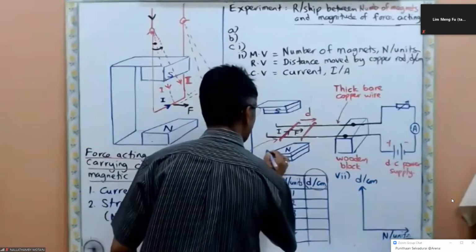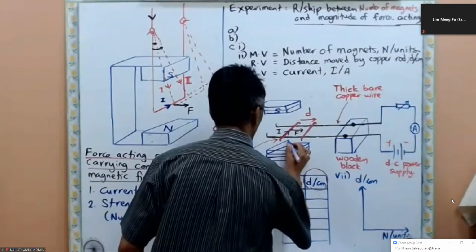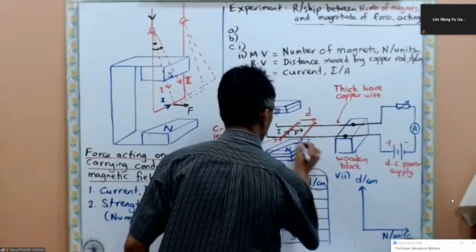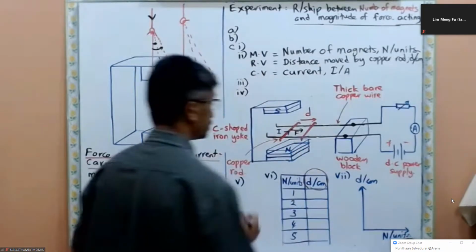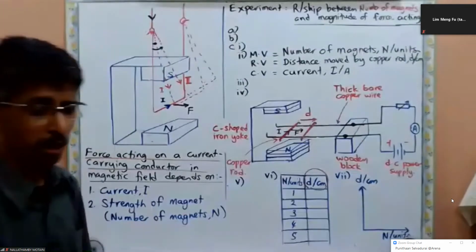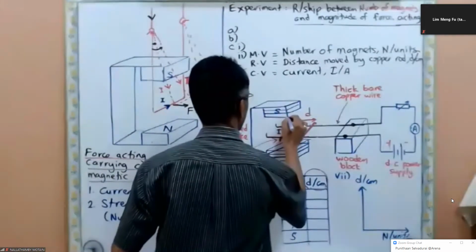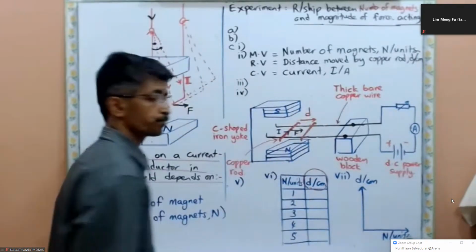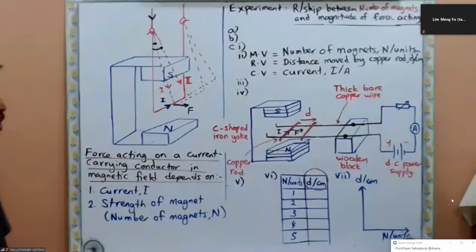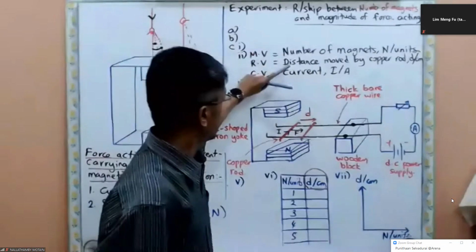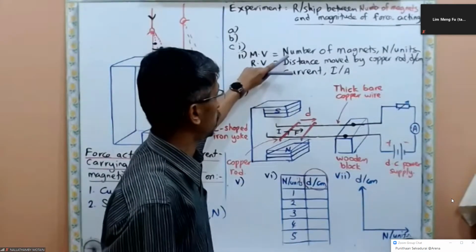So you don't need to draw more magnets like this, one is not enough. And you must understand the idea. So when you add more and more magnets, the magnetic field gets stronger, the force acting becomes greater. So for the A, distance moved by copper rod depends on number of magnets.